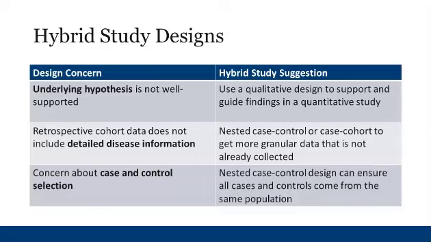Another one, and this is something that pops up a lot as well, is if you don't have detailed disease information. So going back to the aspirin and MI question, if you think about using a retrospective cohort study with VA data, you think about how aspirin is defined, it's not really defined that well on if it was held or resumed, how it was managed around the time of surgery.